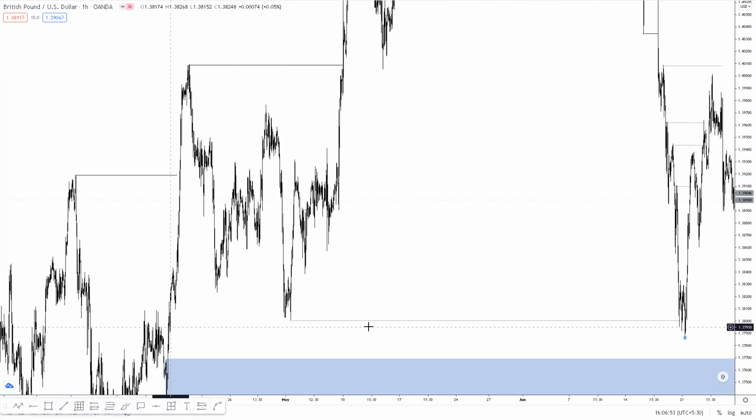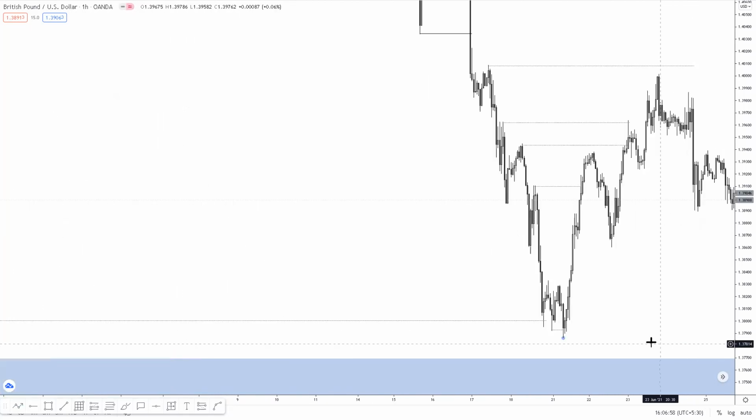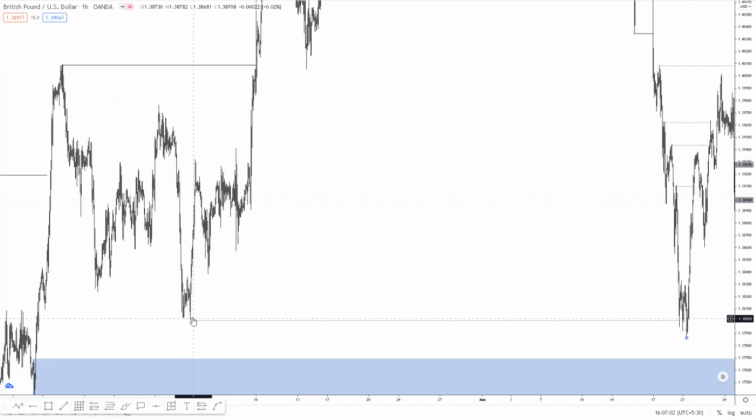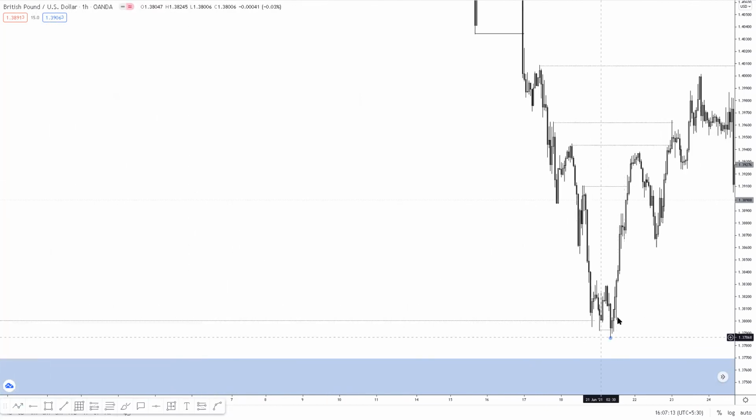All of this is happening inside of a point of interest. So now we know that this low has been taken out, and I gave you the reason why it should give a pullback, because if it keeps going down, the people who put sell stops here would be in profit. They do not want us to profit, so we know that price needs to go back up.